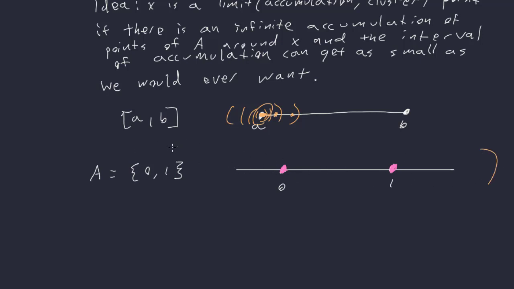So if we pick an epsilon very large, we can pick the 1 out if we're looking around 0. But basically any epsilon smaller than 1 is not going to give us any other points in the set. So for epsilons less than 1, these epsilon neighborhoods have no other elements of the set.